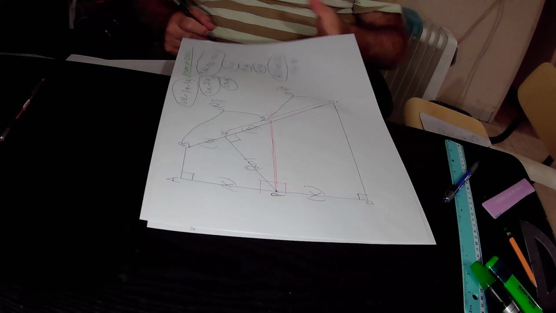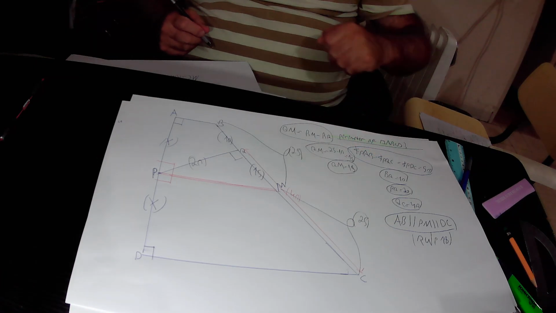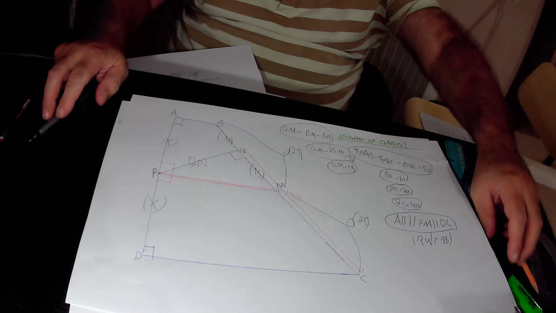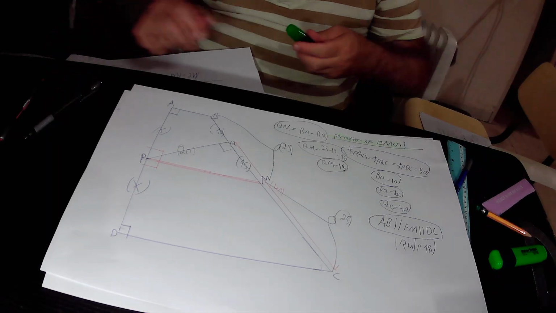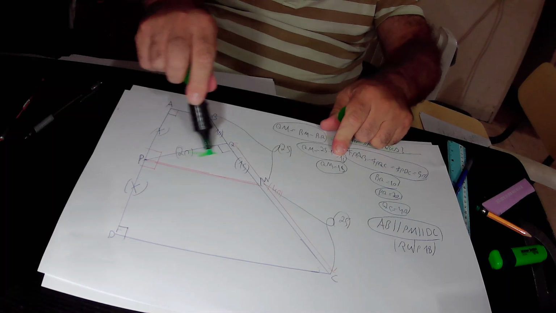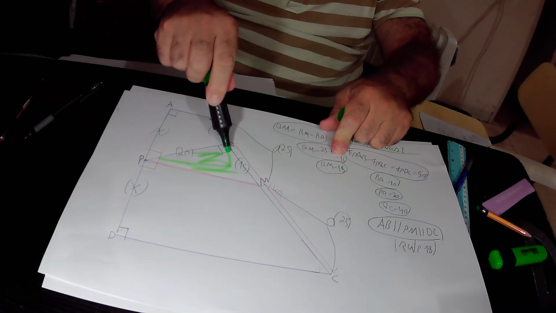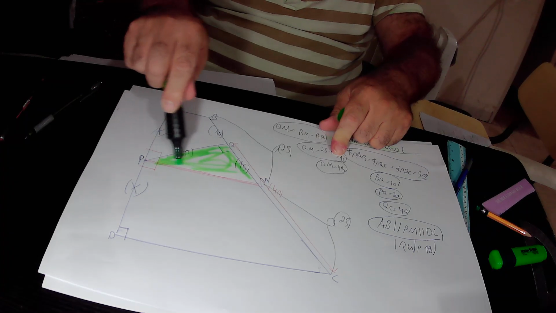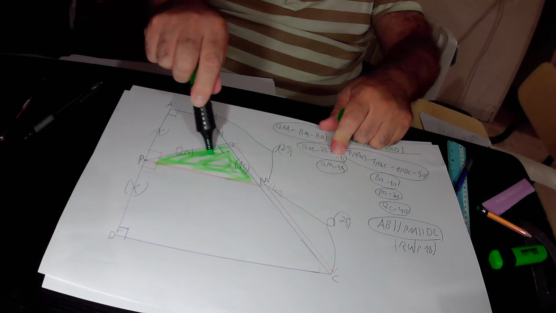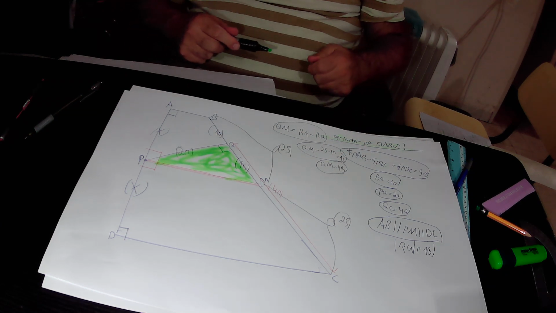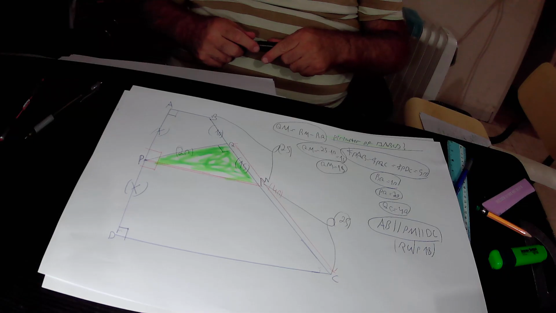So in the next step, we will implement the Pythagoras theorem on this right triangle PQM. I repeat again, we will implement the Pythagoras theorem on this right green triangle PQM. According to the Pythagoras theorem, in any right triangle, the square of the hypotenuse equals the sum of the squares of the perpendiculars.